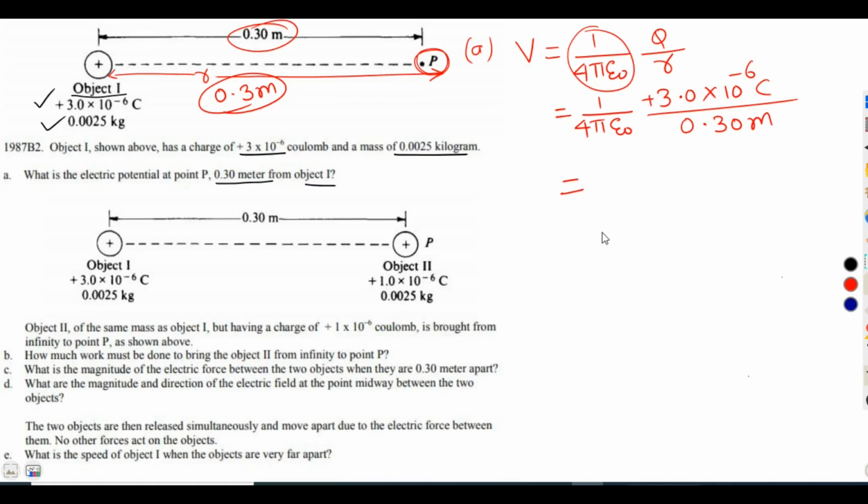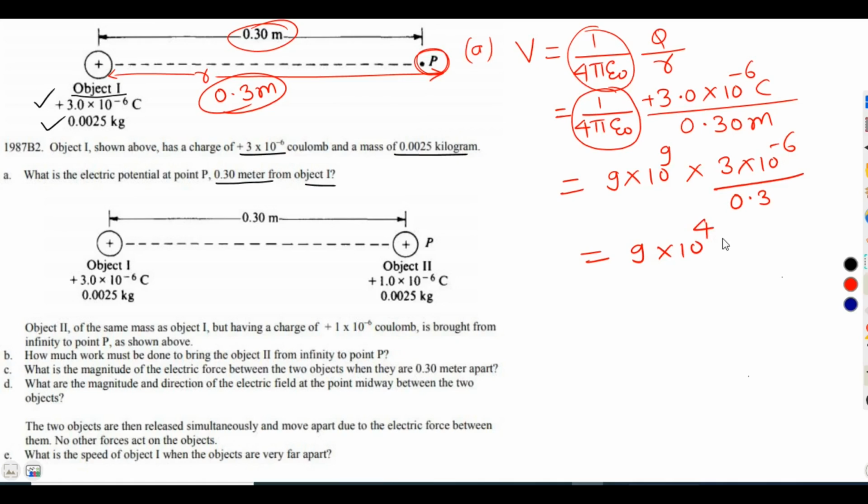After putting these values, and 1 upon 4 pi epsilon naught is 9 times 10 raised to power 9, we get 9 times 10 raised to power 9 times 3 times 10 raised to power minus 6 divided by 0.3. After solving this, we get 9 times 10 raised to power 4 volt. So the electric potential at point P will be this much volt.